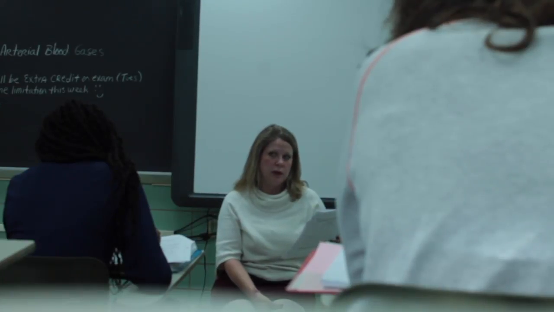Now you have to say, what is causing the problem? Your choices are respiratory or metabolic. You start by looking at the PaCO2. Remember that with a respiratory problem, as the pH decreases below 7.35, the PaCO2 should rise. That's very important.